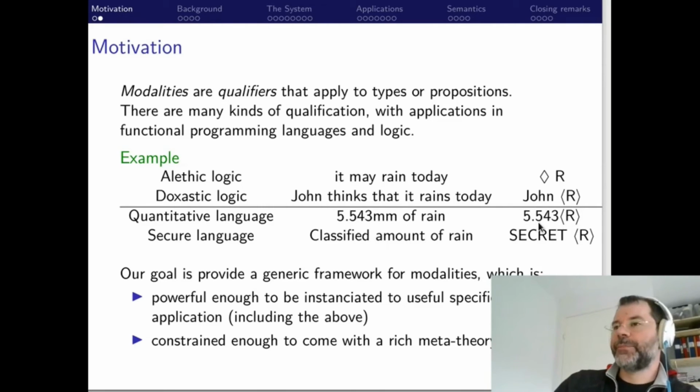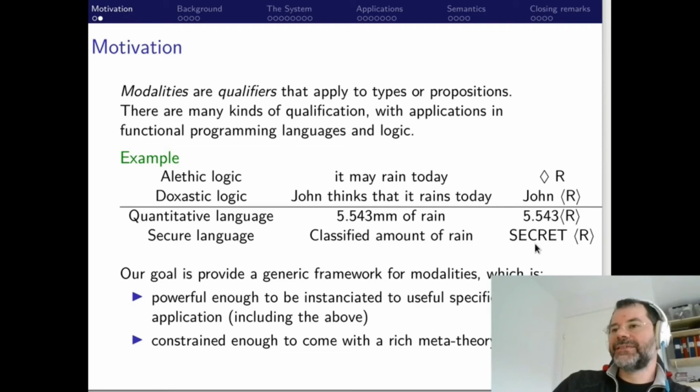For example, 5.543 millimeters of rain. Another useful kind of qualifier is whether information is public or secret. In this work, our goal is to describe a system which unifies all such instances of modalities. We also want the system to have a useful meta-theory, which all instances can inherit.